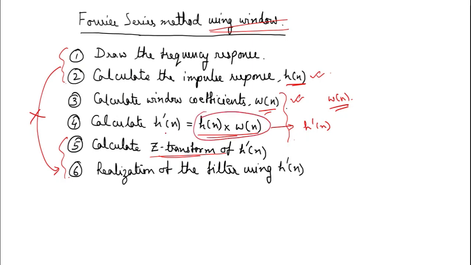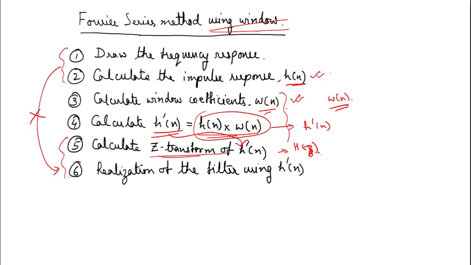Through this multiplication we will get h dash n, and that h dash n we have to use to calculate the exact transfer function. So this is the subtle difference.